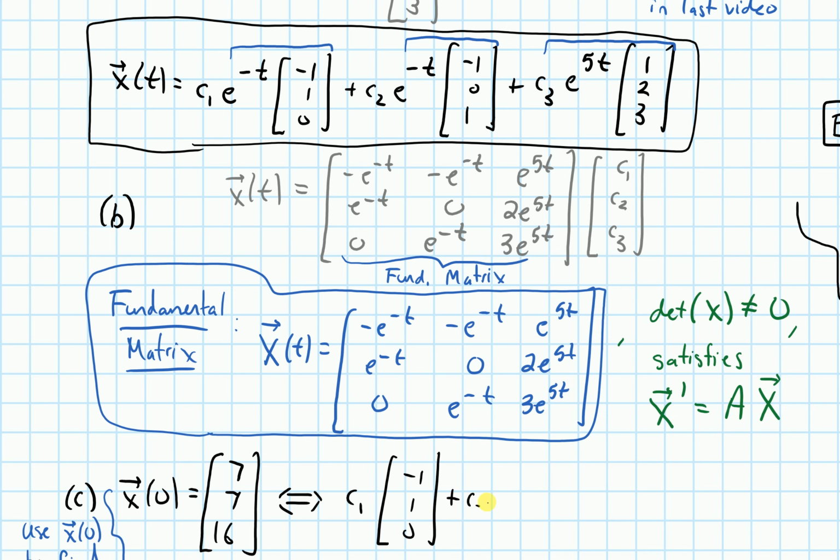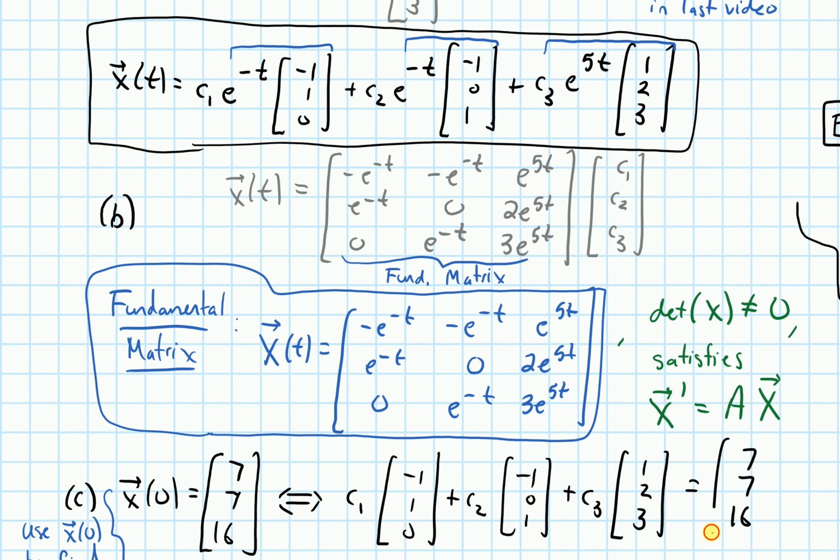And then plus C2 times the vector negative 1, 0, 1, again because e to the 0 is 1. And then plus C3 times the vector 1, 2, 3. That's what we get by plugging 0 in, and that needs to be equal to 7, 7, 16.